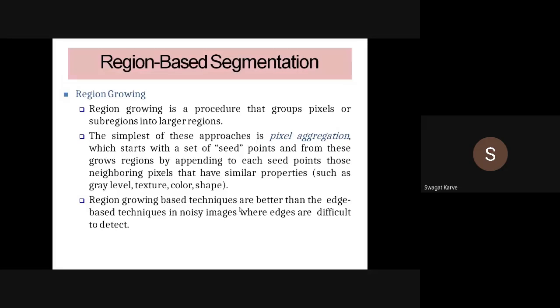Then again, compass operator is also first order derivative based mask. Okay, sorry, Canny detector is actually second order derivative based mask, right? First order derivative is Prewitt, Robert, Sobel, and compass operator. These four masks are designed based on the first order derivative.